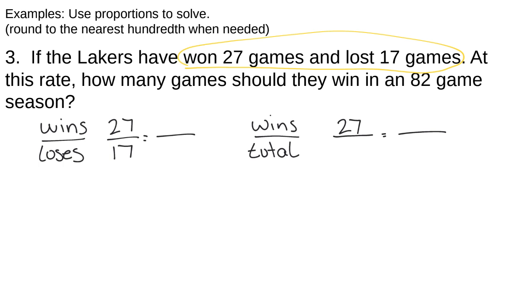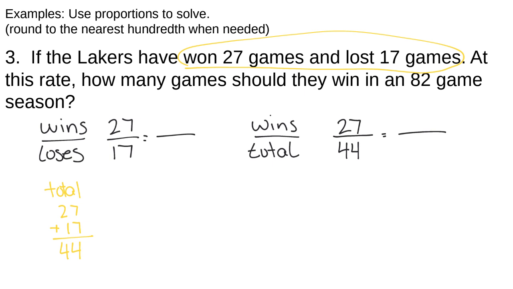If they won 27 games and lost 17 games, the total number of games they have played would be 27 plus 17, or 44 games. So in total, they have played 44 games. We got that because they've won 27 and they've lost 17. So add those together, that'll tell us how many games they've played so far.